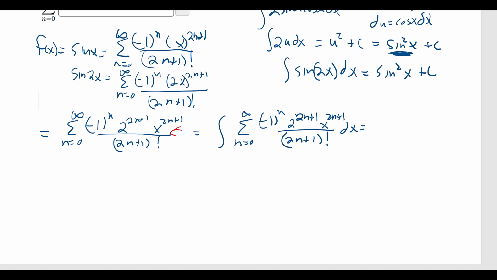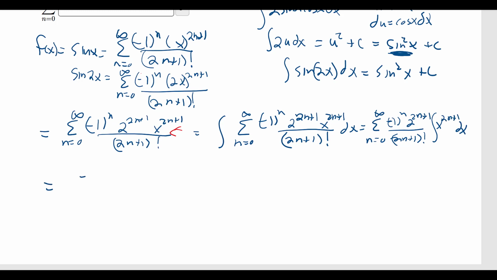So that means we're going to have the sum as n goes from 0 to infinity of negative 1 to the n, 2 to the 2n plus 1, over 2n plus 1 factorial. Then we have the integral of x to the 2n plus 1 dx.